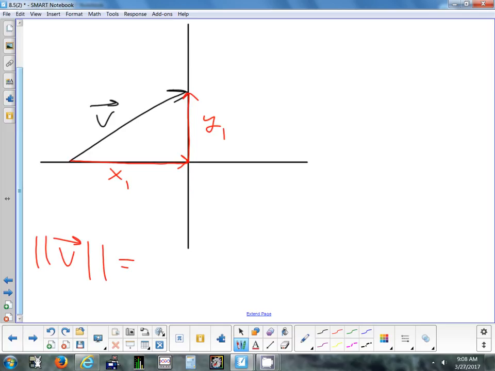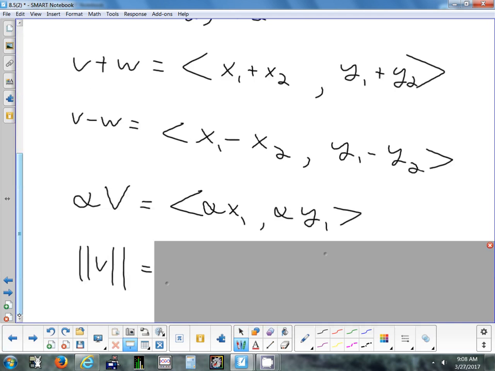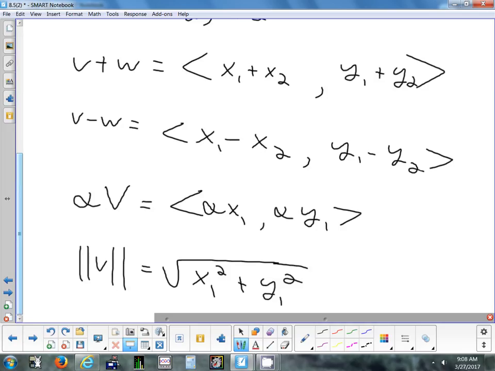Using Pythagorean theorem, so the square root of x1 squared plus y1 squared. That's it. That's the formula for the magnitude of v. It's just the Pythagorean theorem. Okay, so tomorrow we'll pick up with that and we'll do one of each type.